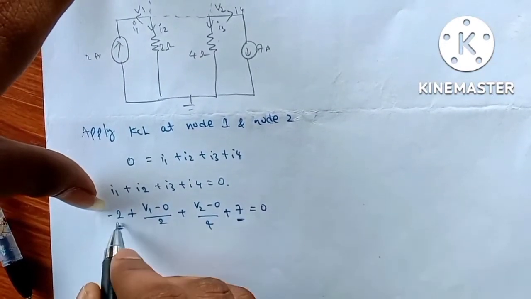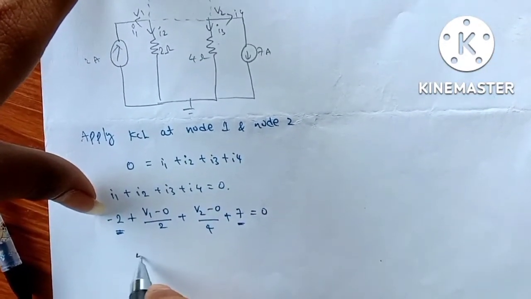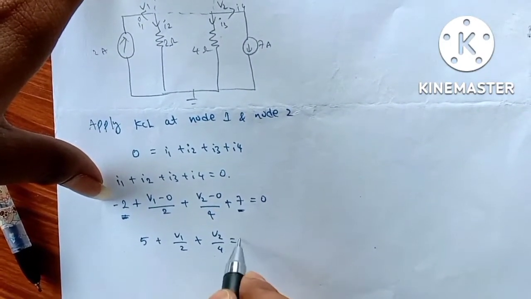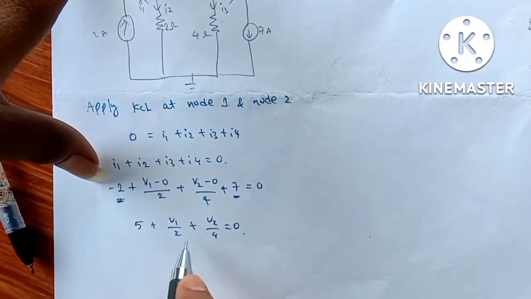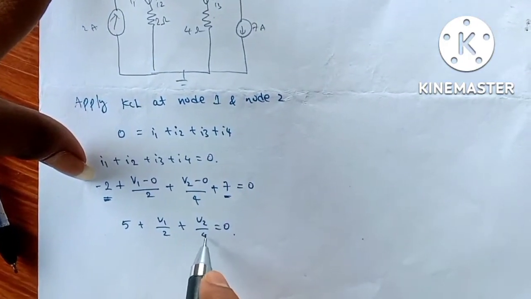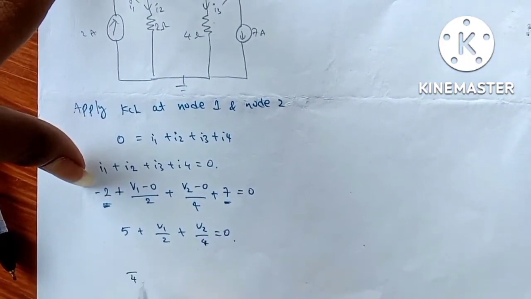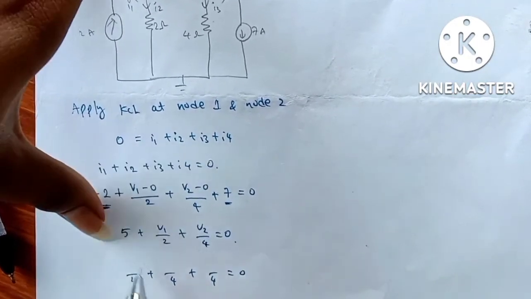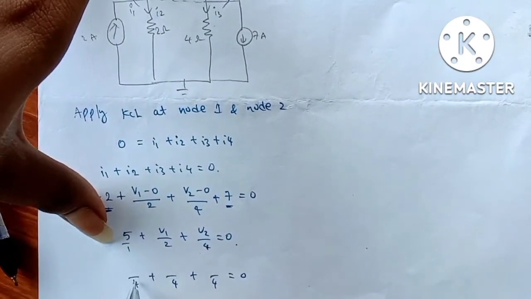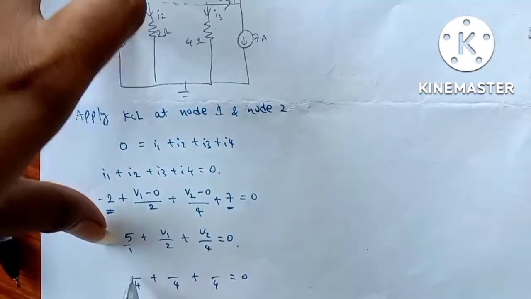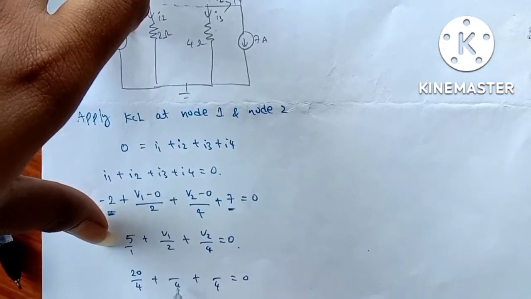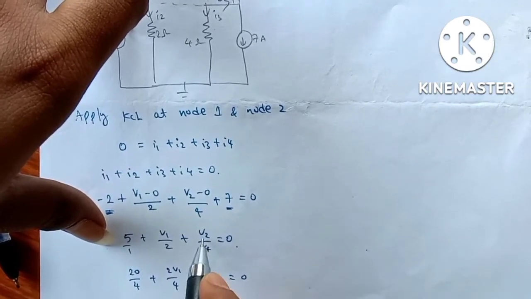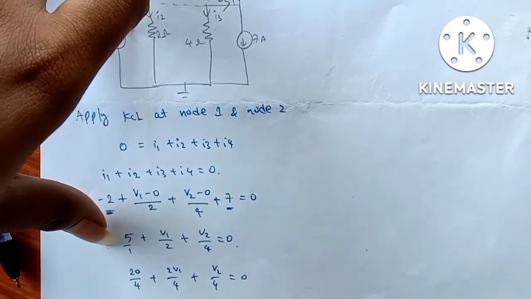Add the constants, so we get 5 plus V1 by 2 plus V2 by 4, which equals 0. On taking LCM, we get 4 as the LCM. So 5 into 4 is 20, 2 into 2 is 4, so 2V1, and 4 into 1, so V2 into 1, V2.